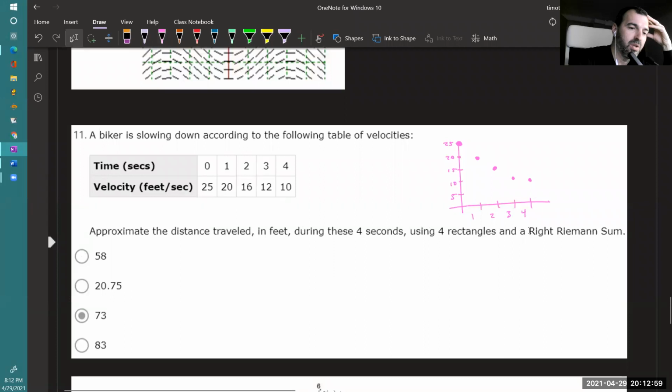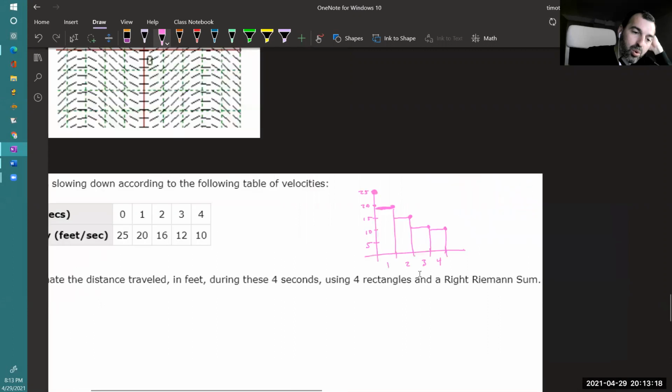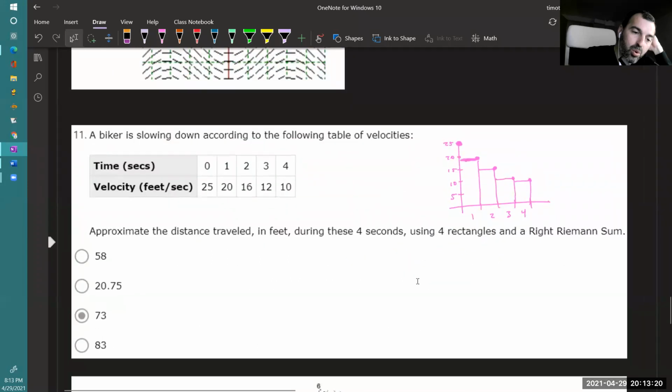And since it's a right Riemann sum, I'm going to be using the right portion of the rectangle as its height. So there's 1 rectangle, there's the other, and there is the other. That is the right Riemann sum. And now I just have to add up all of these rectangles.